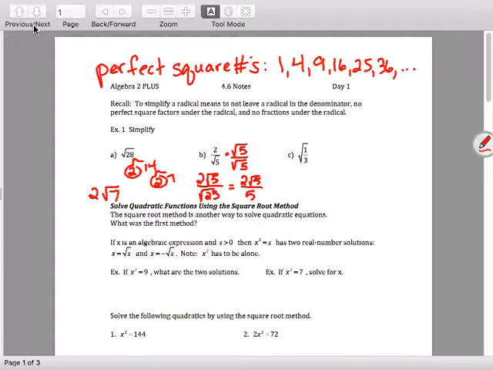Now the problem with letter A was there was a perfect square factor of 4 underneath there, so it wasn't simplified. Letter B, the problem was there's a radical in the denominator. And C, the problem is you're not allowed to leave a fraction under a radical. But we have something called the quotient property for radicals, and I can split this into the square root of the top divided by the square root of the bottom.